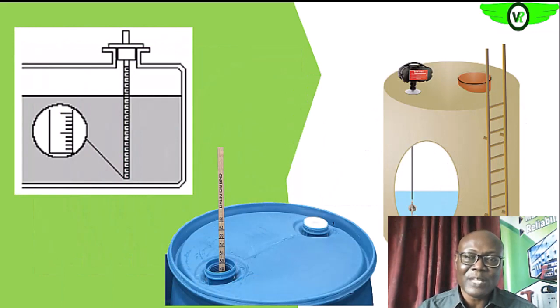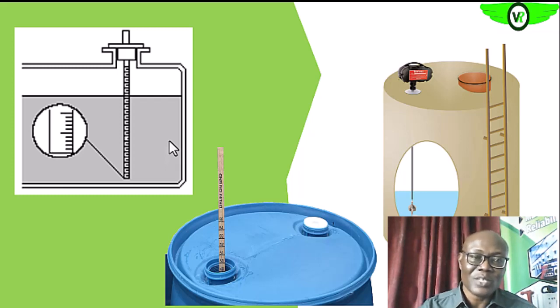So other forms, as we said earlier, is the dipstick. Okay, so most of our oil gauges use a dipstick. So as you dip, you see that the level to which we have the oil or the fluid in the vessel will be marked on the dipstick. So if the dipstick is calibrated, it will give us the level reading. If it is not calibrated, maybe we have the range, okay, that is the low and the high.